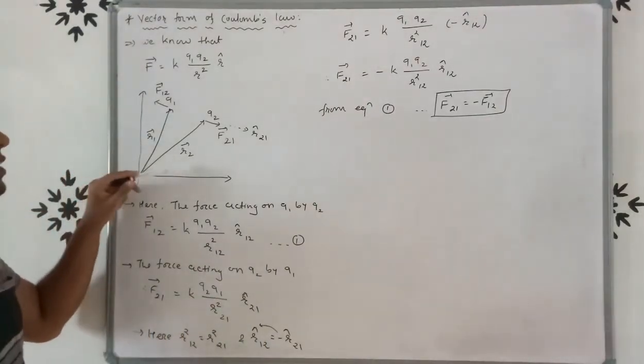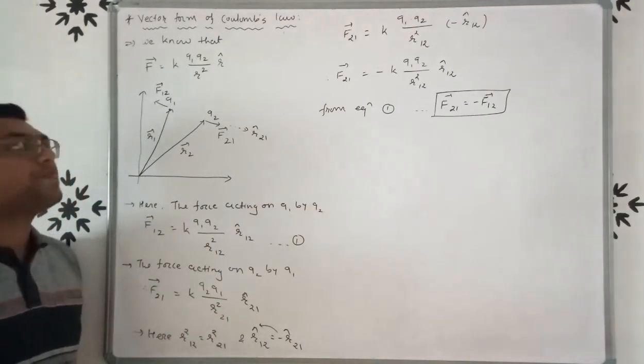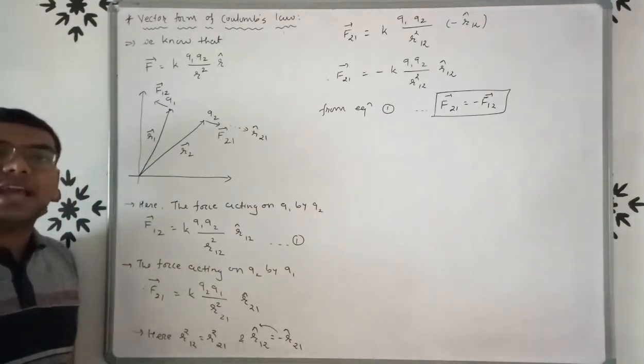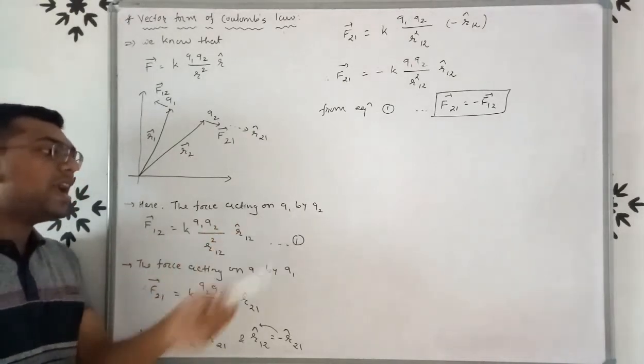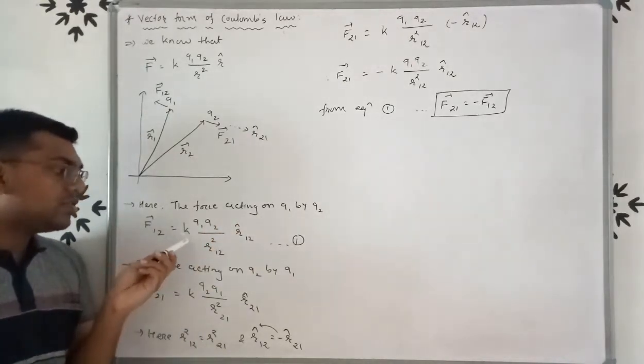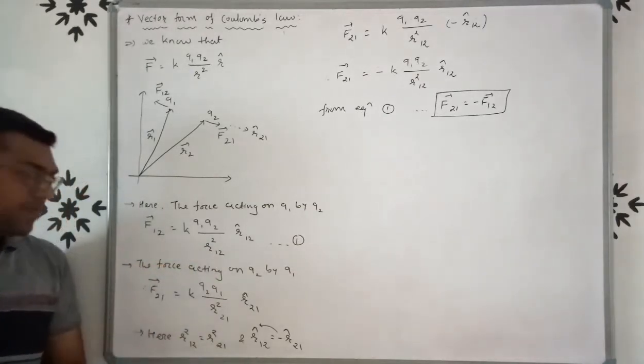Again, see here. R1 and R2 are the position vectors of the point charges Q1 and Q2. Now the force acting on Q1 by Q2, F12, is equal to K Q1 Q2 upon R square 12 R cap 12.